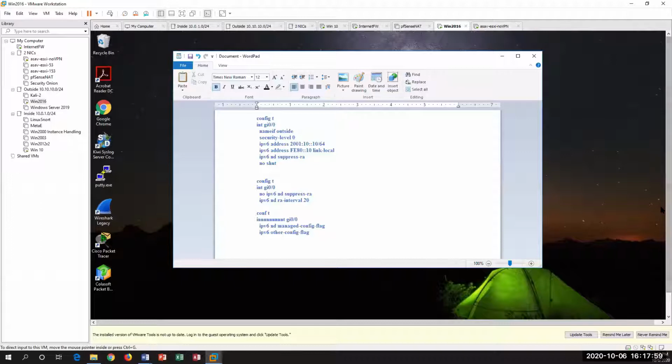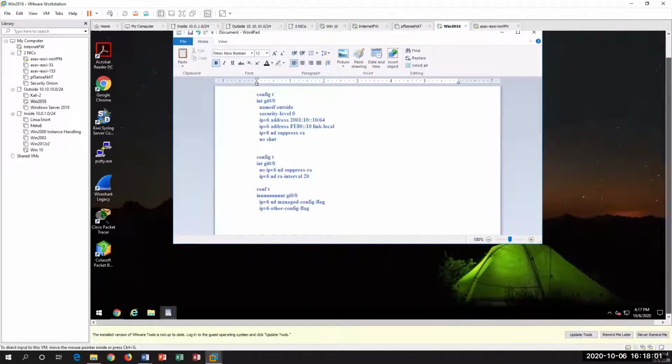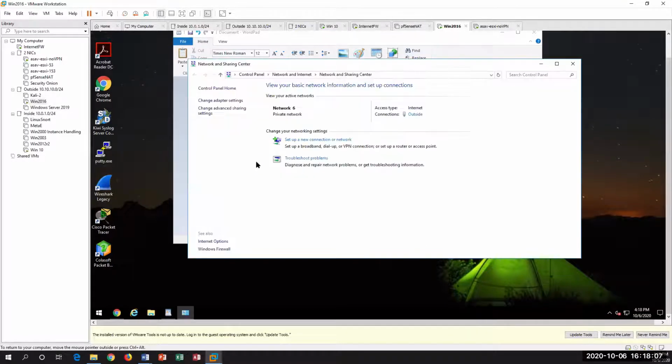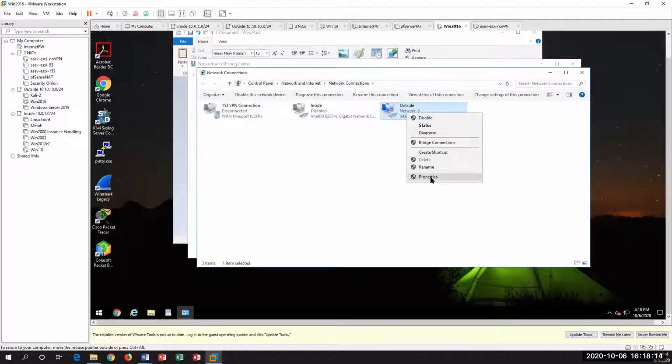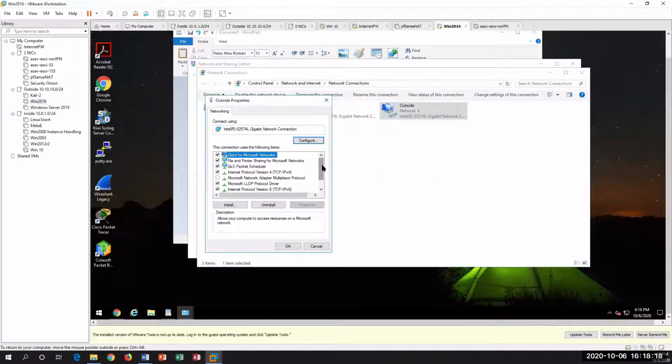Okay, so when we go to the Windows 2016, you're going to make sure your IP address is configured correctly. Go to change the adapter settings, make sure that is the case. So we already changed it. And look at the insights disable, which is perfectly fine for this particular exercise.